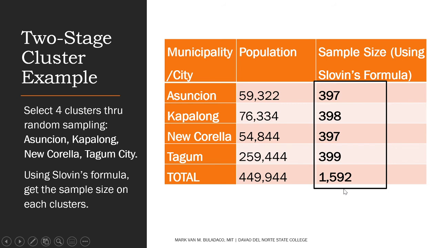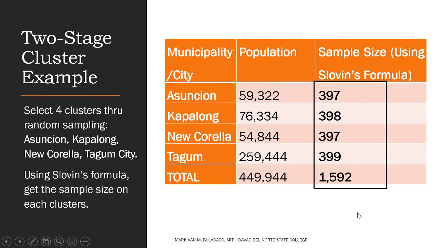If you compare it with our original sample size from the one-stage cluster, it is relatively smaller than the sample size using the one-stage cluster, since the two-stage cluster sample is 1,592.